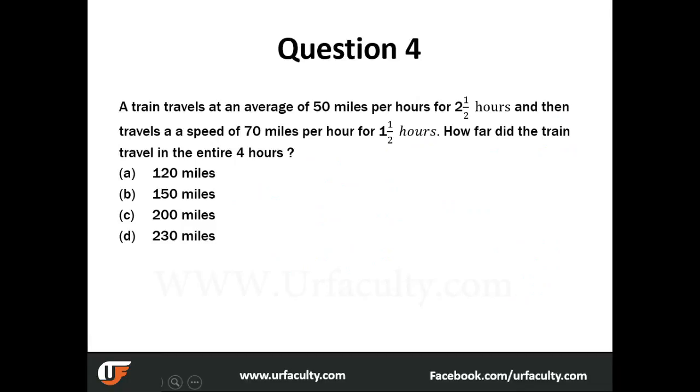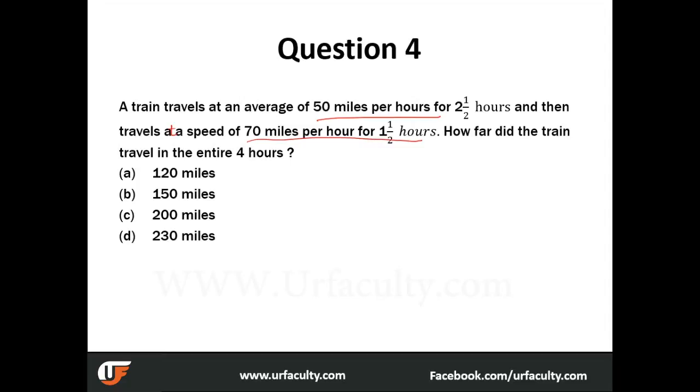A train travels at an average of 50 miles per hour for 2.5 hours and then travels at a speed of 70 miles per hour for 1.5 hours. How far did the train travel in the entire 4 hours? See, here, even though there is too much information given in this question, the answer is pretty straightforward, right?